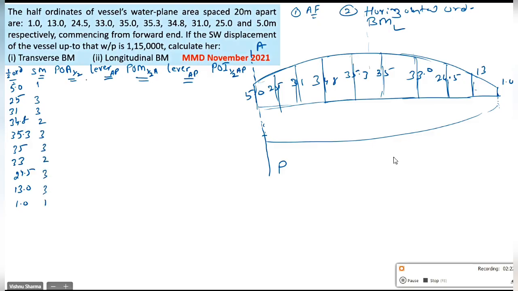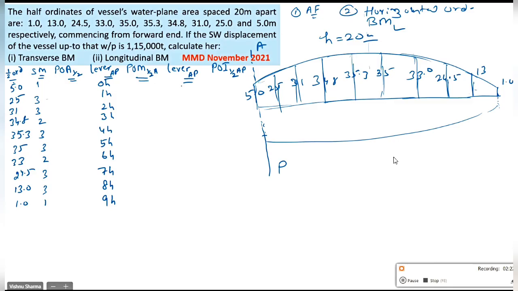Now levers: H is given in the question as 20 meters, beta. Levers will be 0H, 1H, 2H, 3H, 4H, 5H, 6H, 7H, 8H and 9H. I go to the diagram and check 0, 1, 2, 3, 4, 5, 6, 7, 8, 9. That means it's correct.